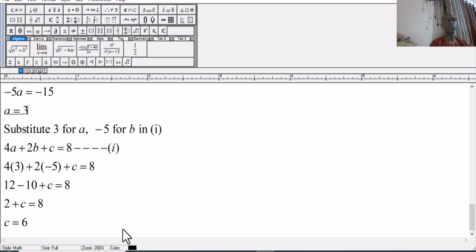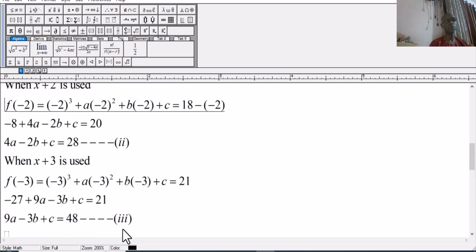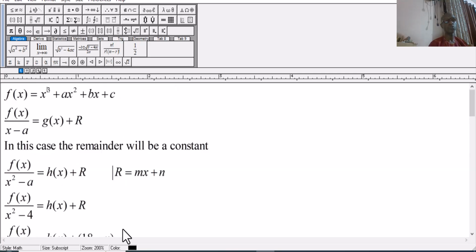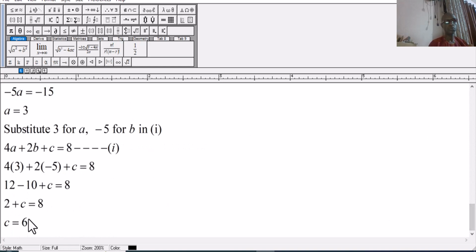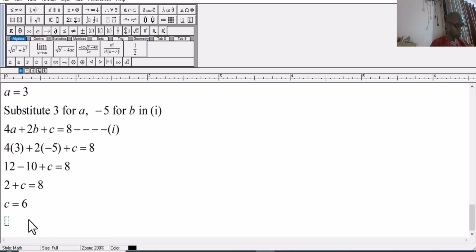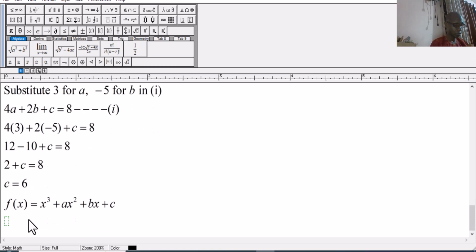So we can put all these values into this polynomial. So this is the polynomial, our f of x. So I'm going to copy it and put the values of a, b, and c in it. x cubed plus our a is 3, so we have 3x squared.